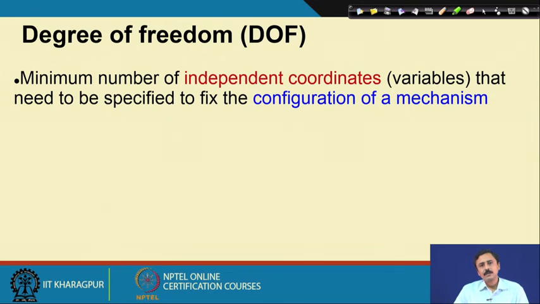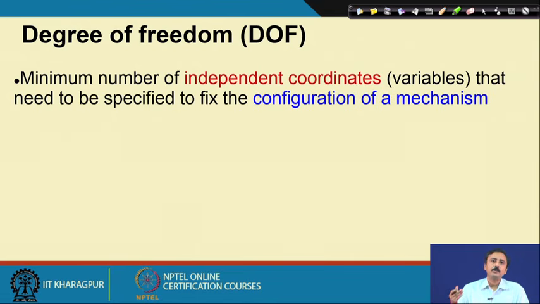For example, if you have a point in a plane, it has got 2 degrees of freedom. As you know, a point can be specified, its configuration, its location can be specified by specifying the x and y coordinates of the point. So, a point has 2 degrees of freedom.